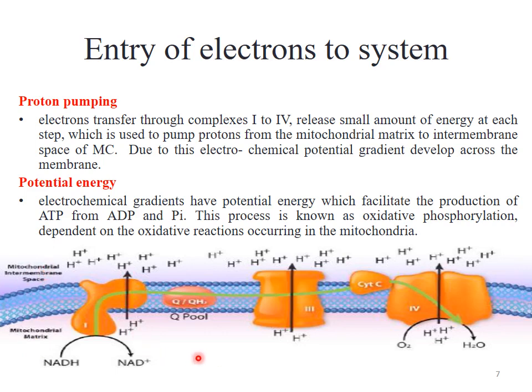So protons get generated here in the process of oxidation and reduction, which are carried out here, in which you can see oxygen gets converted into water and NADH gets converted to NAD positive, and the protons which are generated get exported from the mitochondrial matrix to the intermembrane space of the mitochondria.